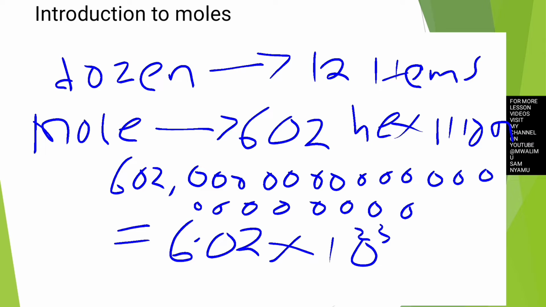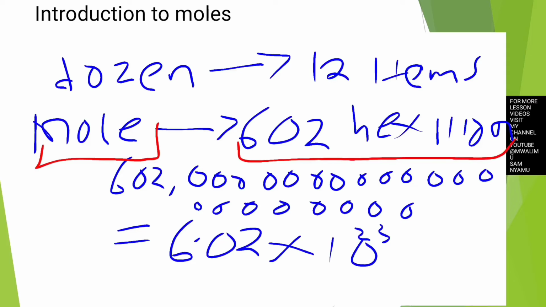So ideally, 1 mole of a substance means 6.02 hexillion, and writing the number in digits is 6.02 followed by 21 zeros, which written in standard form is 6.02 times 10 to power 23.